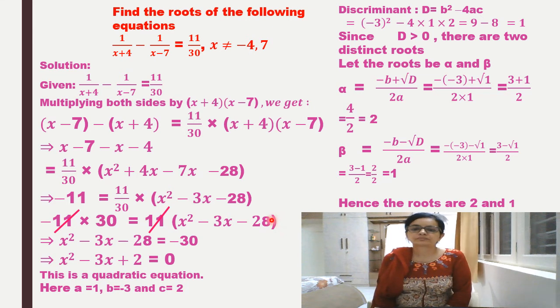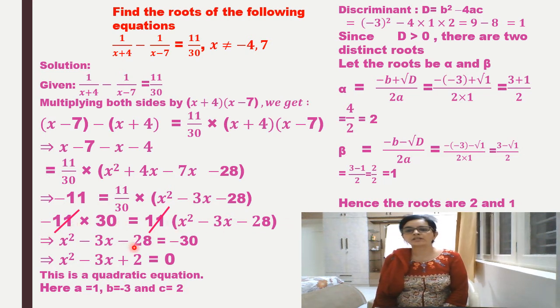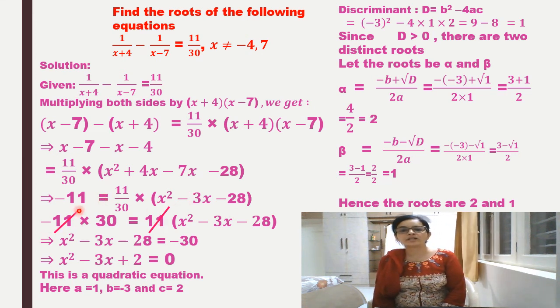So now multiplying the constant term over here we get, and then we are even shifting the quadratic polynomial to LHS. Then we will get x squared minus 3x minus 28. Why? 11 and 11 are getting cut off or eliminated.